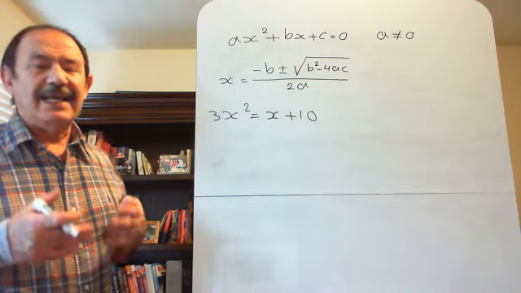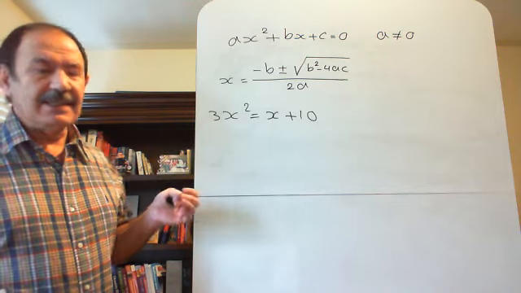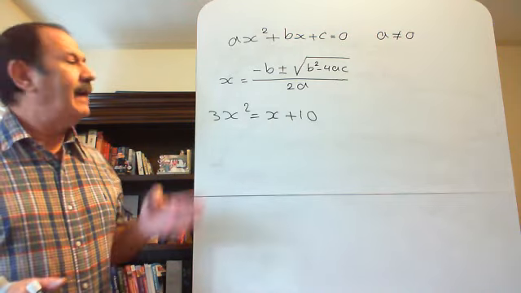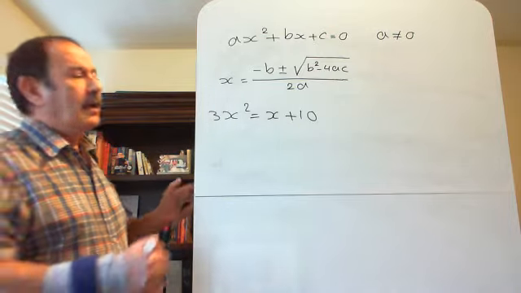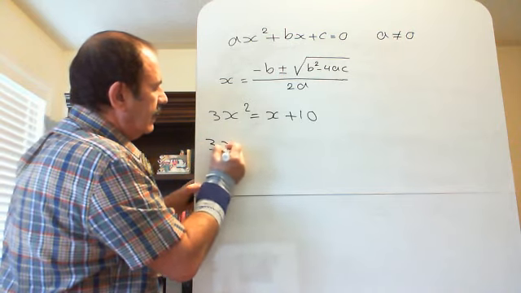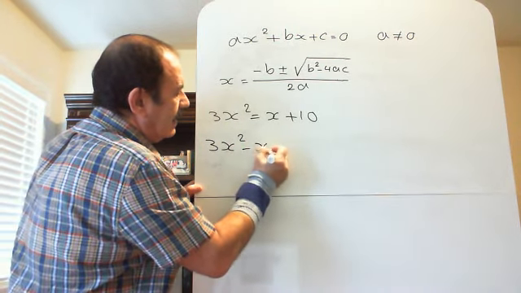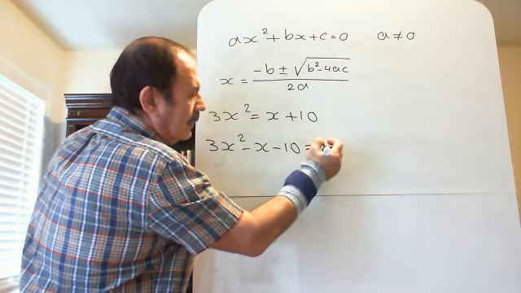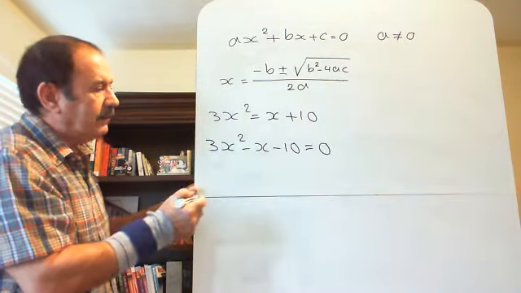The question doesn't ask to solve it or find the answer. It's asking to find the number of answers of this quadratic equation. So first of all, convert to the standard format. It is going to be 3x squared minus x minus 10 is equal to 0. We converted to the standard format.